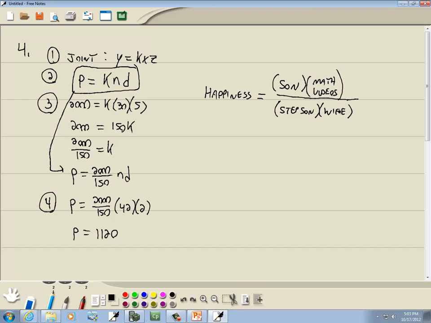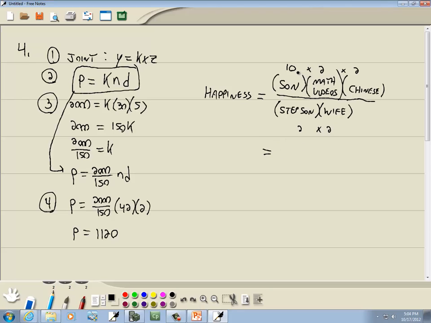So she's probably going to be cranky. And I'll probably eat Chinese at some point. I love Chinese food. That'll increase my happiness. Okay, my son's going to increase my happiness tenfold. Math videos probably increase it 2 times. Chinese food would probably be 2 times. That stepson, actually I'm not even sure if I'd put him down here. He'll whine a little bit, but unless he's having a real bad day, he probably won't whine too much. But let me put a factor of 2 there just so I have a number. And she's, assuming she isn't working, she'd probably be in a pretty good mood, so I'll just put 2 there.